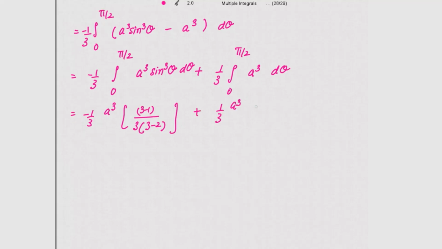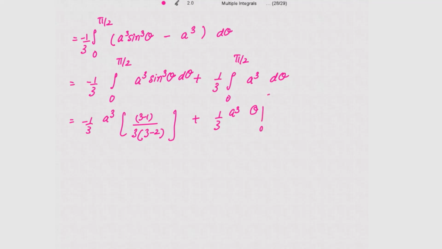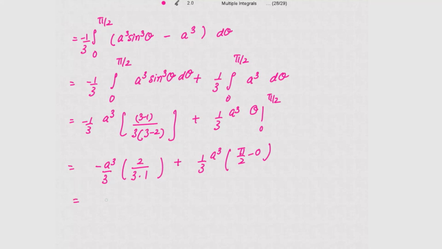Integration for 1 is theta, from 0 to pi by 2. So this is minus a cube over 3. And this is 3 minus 1, 2, over 3, 3 minus 2 is 1, plus 1 over 3 a cube, and it is pi by 2 minus 0. So this is negative.